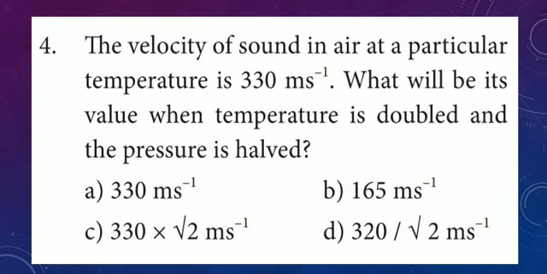The options: first one is 330 meter per second, option B is 165 meter per second, option C is 330 into root 2 meter per second, and option D is 330 divided by root 2 meter per second.